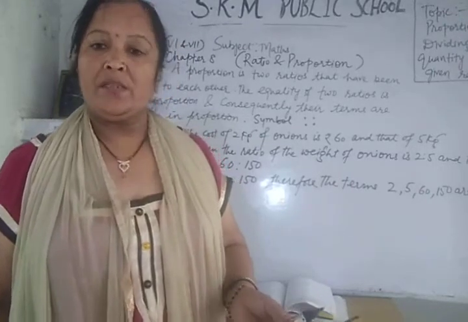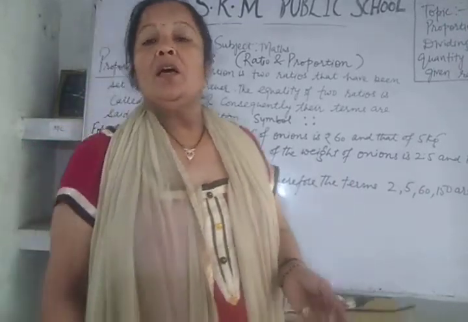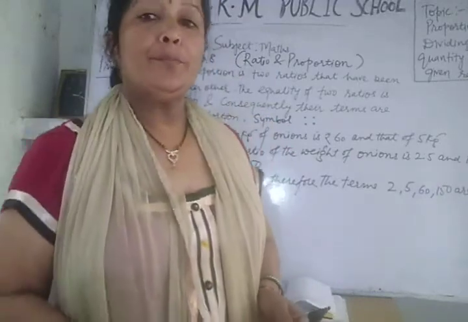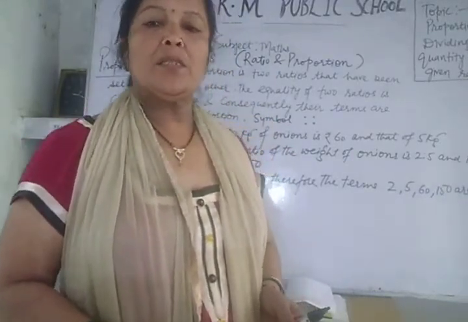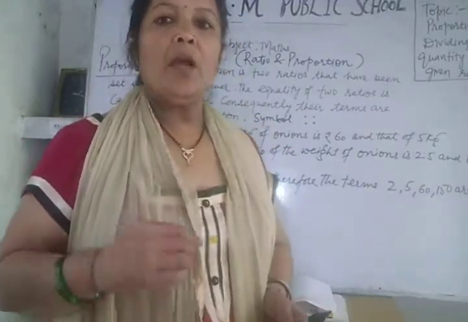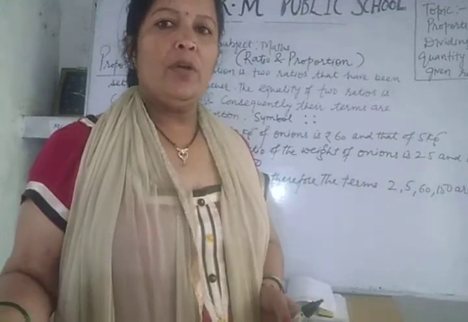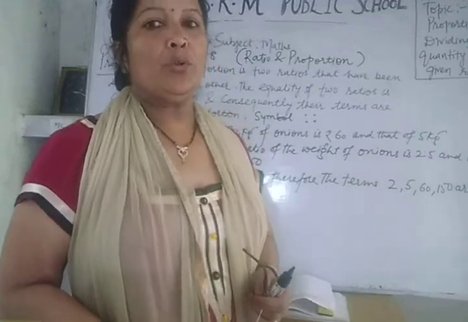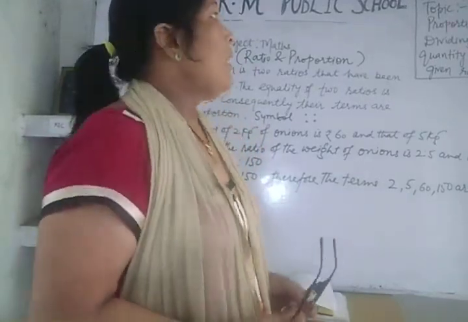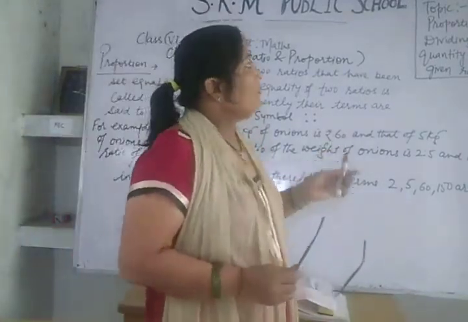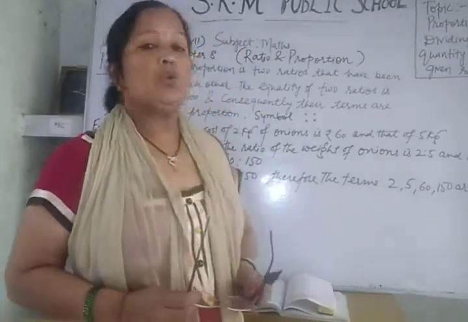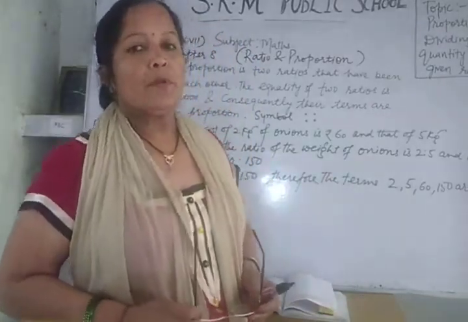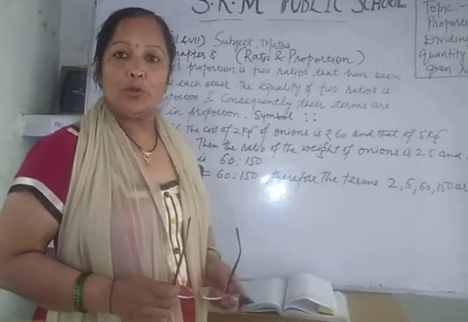Suppose rupees 10,000 is to be divided between 2 persons, Ram and Shyam, in the ratio 2:5. How that amount will be divided in the given ratio, we will learn in the topic of dividing a quantity into given ratio. Okay, so let's start with proportion.